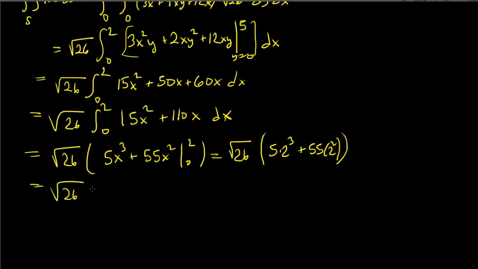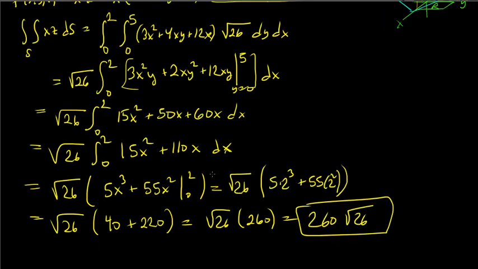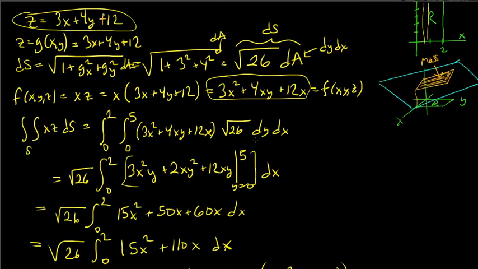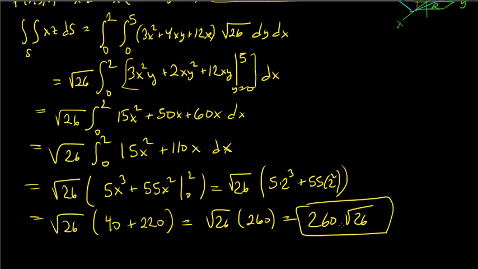I'm trying to do this all in my head. 5 times 8 is 40, and 55 times 4 is 220. So square root of 26 times 260. Sounds good to me. Unless I made a silly arithmetic mistake, which I very well could have, I think that's it.